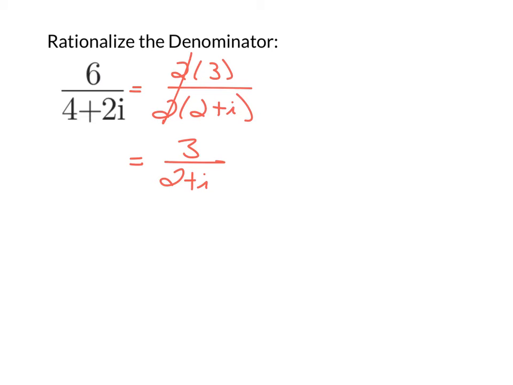But another rule for simplifying fractions is that we're not allowed to have any radicals in the denominator, and right now we have one. The radical being this i, because that's a square root of negative 1. How we're going to want to get rid of that i in the denominator, we can't just multiply by i.